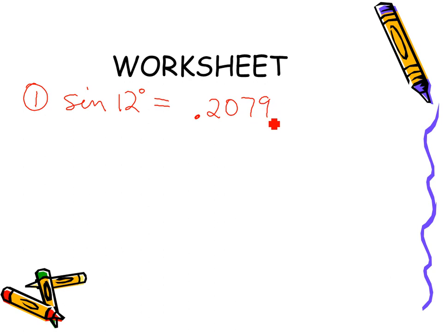And we usually go out 4 places, and that's about where we cut it off. So that tells us that in every right triangle that has a 12-degree angle, the opposite side compared to the hypotenuse will always be 0.2079.